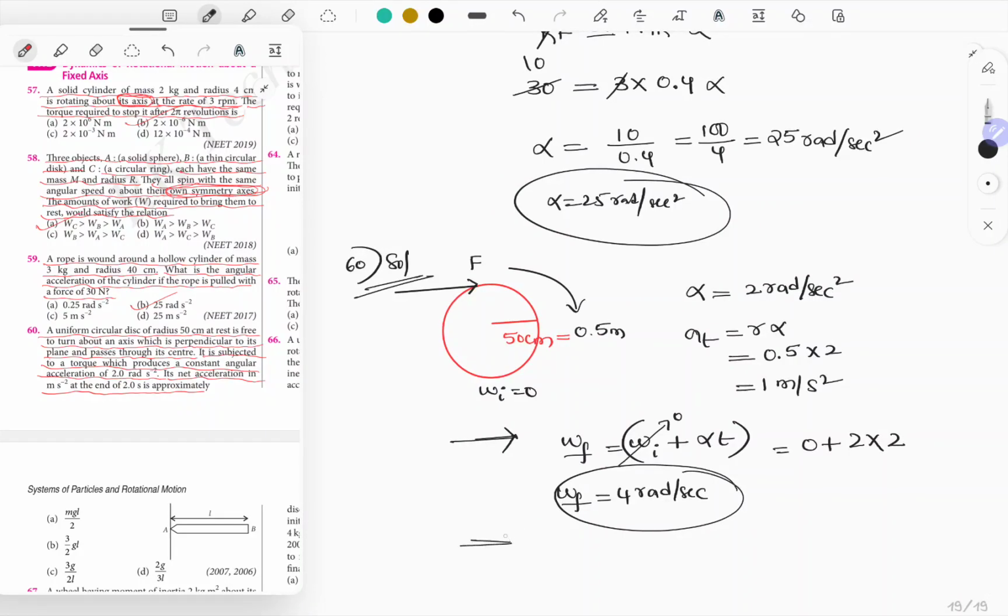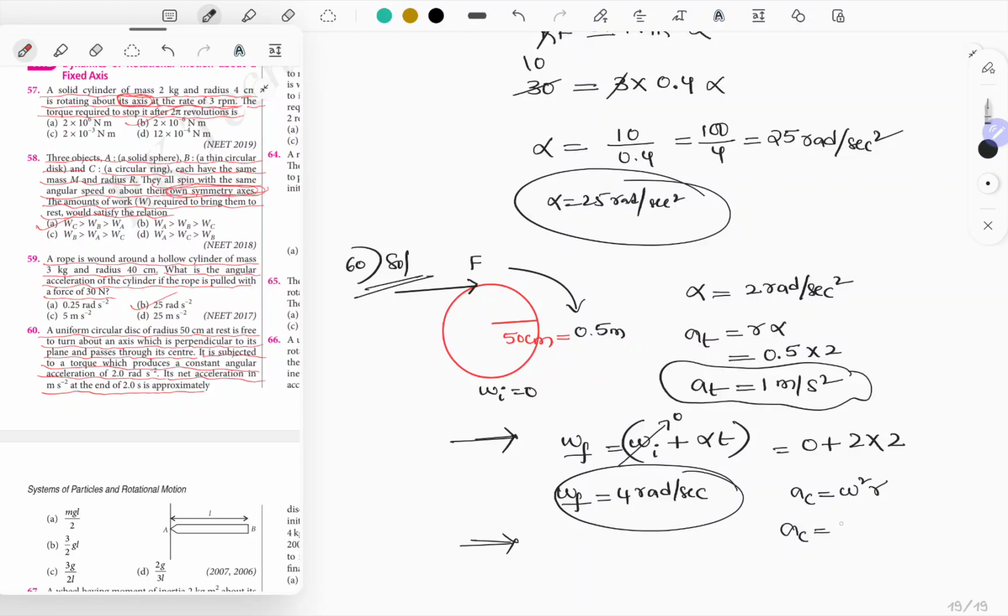So I need to find out the tangential acceleration. Tangential acceleration is going to be constant, that we know, the value, that is at. As this disc is rotating, we are going to get one more acceleration, which is towards the center, that is centripetal acceleration. In the form of omega, it is omega square r.